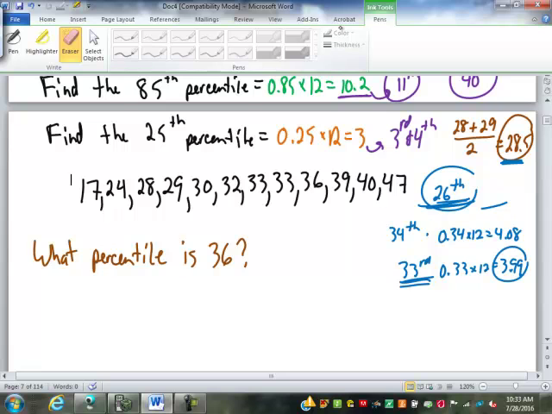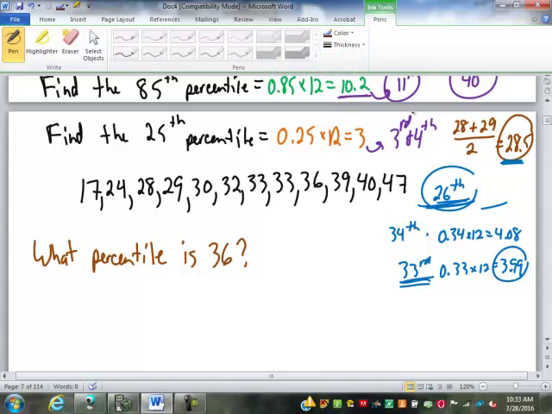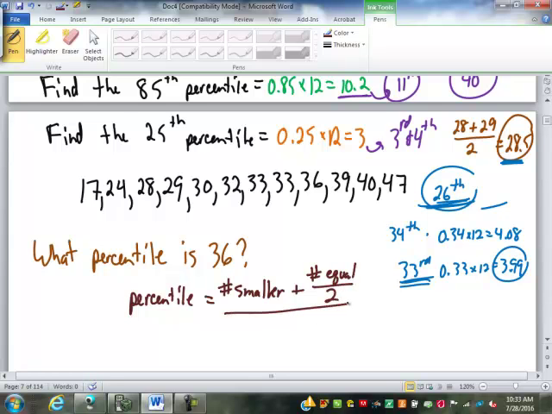But anyway, here we are being asked, what percentile is the 36 in? To find the percentile, the percentile is equal to the number of numbers that are smaller plus half the number that's equal, divided by the total number, or n.